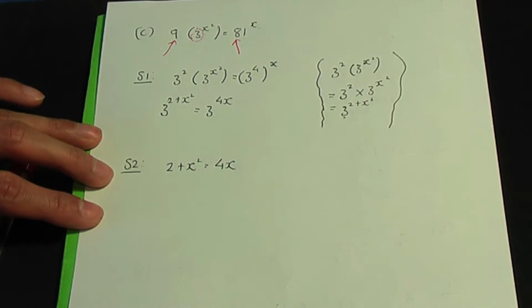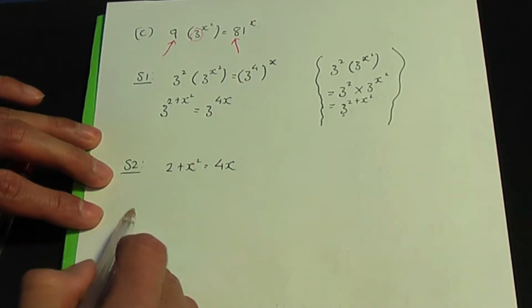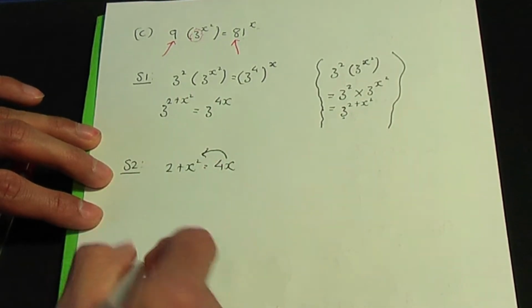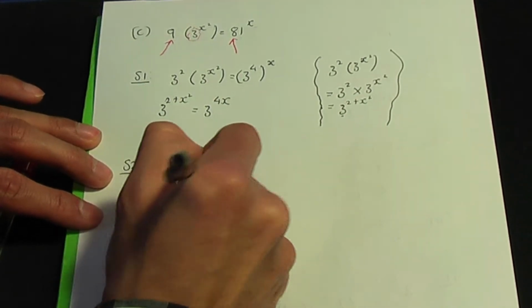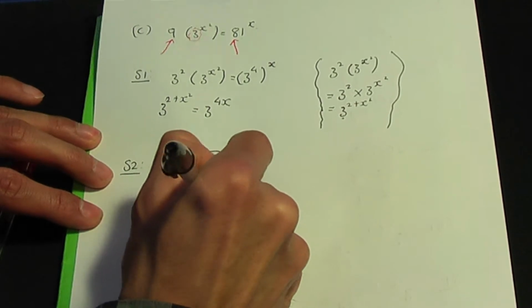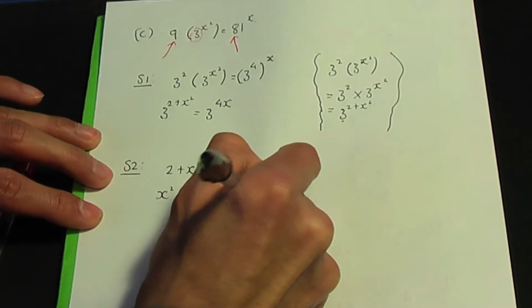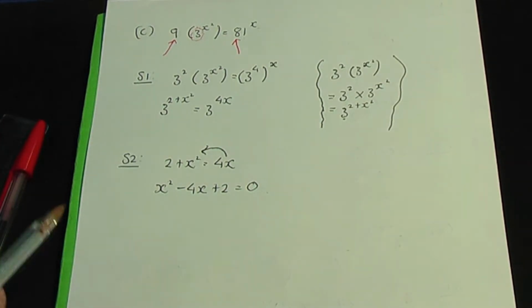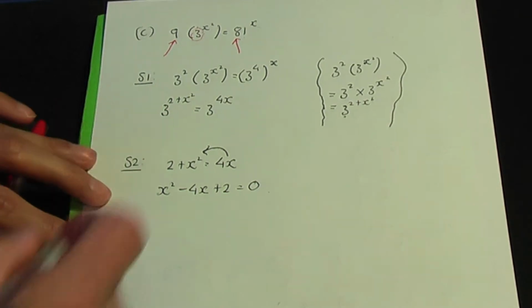Okay, so let's try to make a quadratic equation. If I take the 4x to the left hand side, I have my quadratic: x squared minus 4x plus 2 is equal to 0. Now we can't factorise this quadratic, so we need to use the quadratic formula.